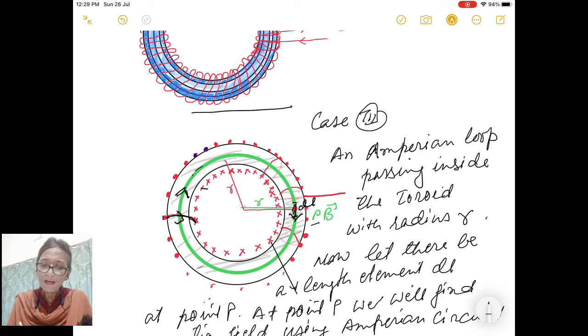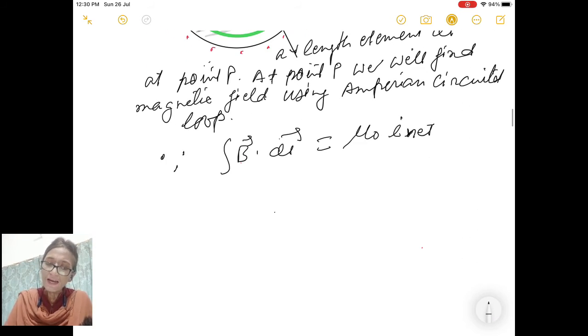So if current I is getting inside this open surface, then total number of loops is N, and therefore I net is equal to N into I.